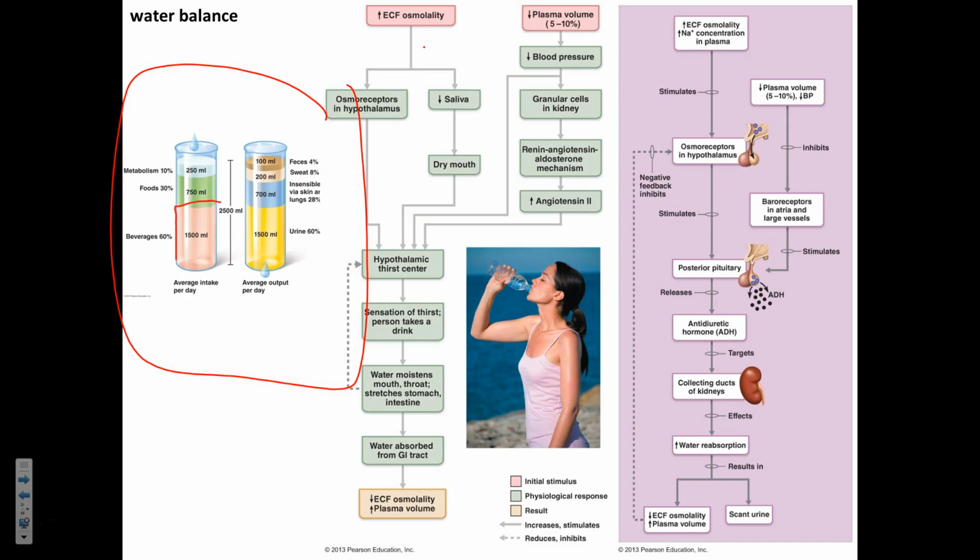So this is how much we drink. This is how much we get from food. So about 2.25 of a liter. It varies greatly, but it shows you sort of a normal metabolic homeostatic rate of water intake.